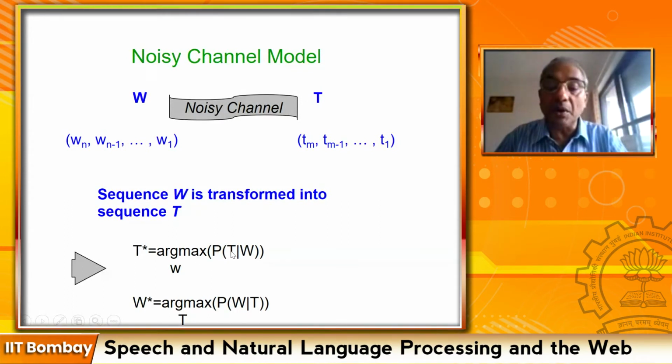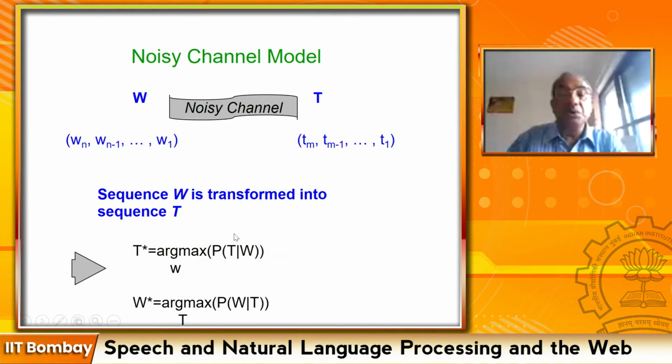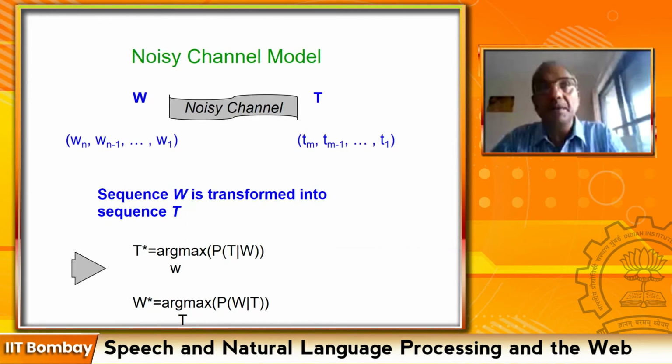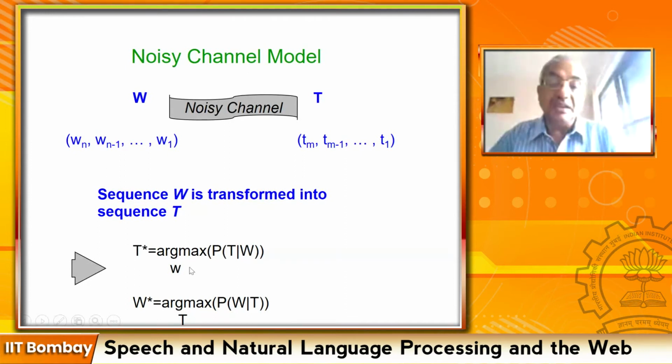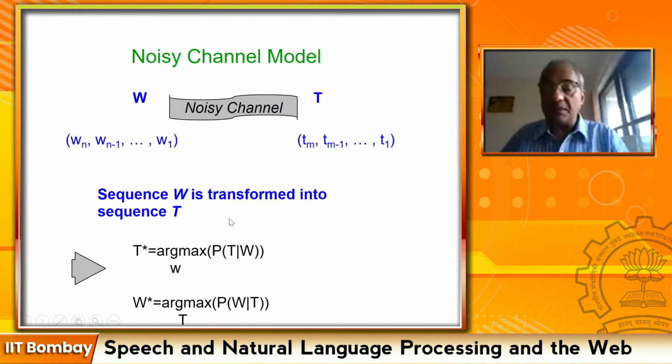So it is maximizing probability of T given W. As a side effect, it is picking T as the value of T which maximizes P. So notice the difference between max function and the argmax function. Max function maximizes a function. Argmax function maximizes the function but returns the argument. So max of f(x) will be f_max. Argmax of f(x) will be x_max. Okay, f_max versus x_max. So here T is being returned as the highest probability tag sequence.